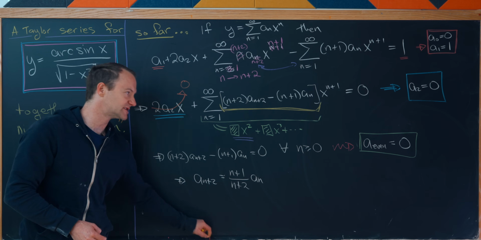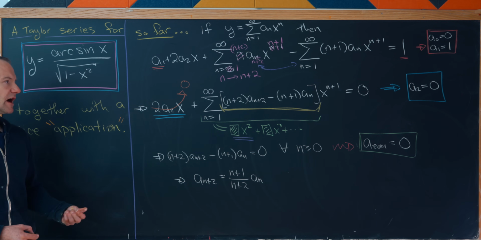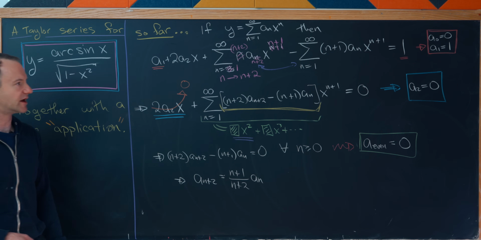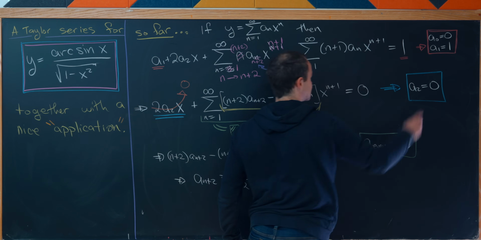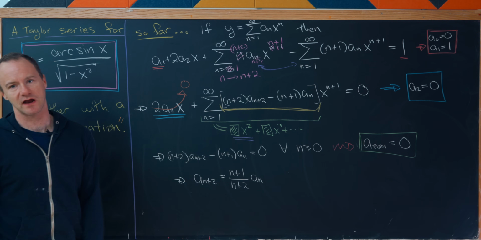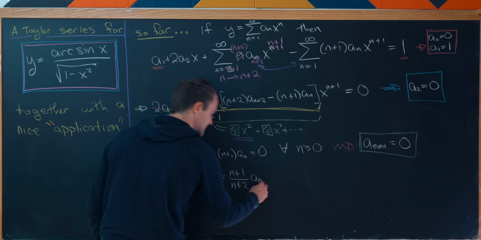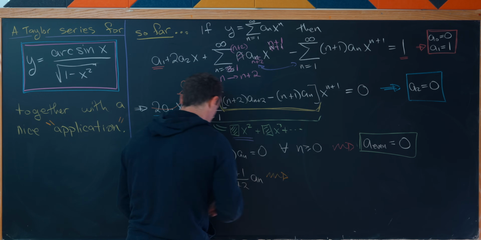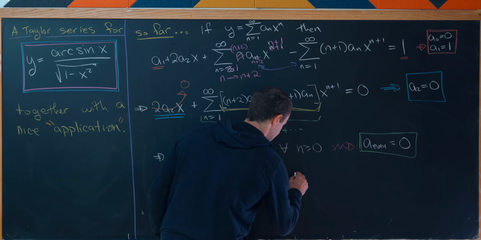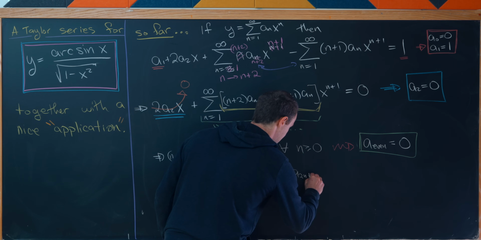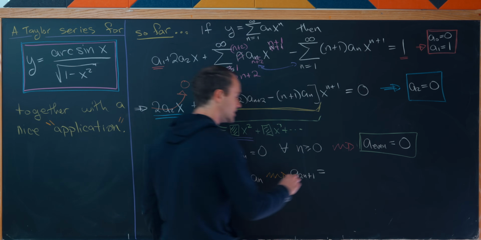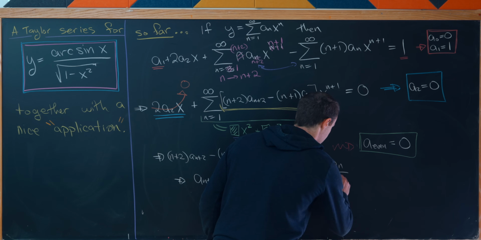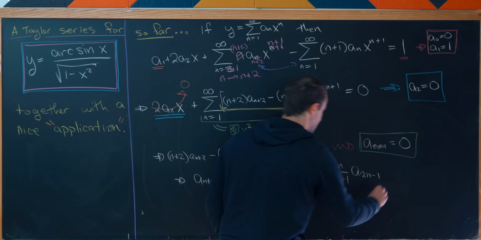But if we know that a sub even is equal to 0, well, now we've got to figure out a sub odd. Notice a sub 3 will be a multiple of a sub 1, which is 1, so that's definitely not going to be equal to 0. Well, let's see what we get here. So we'll have a sub (2n plus 1) is in fact going to be equal to 2n over (2n plus 1) times a sub (2n minus 1).